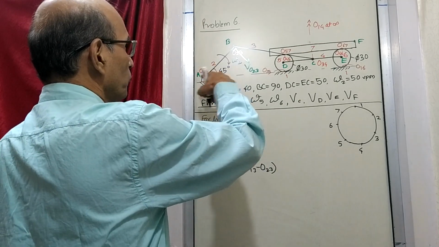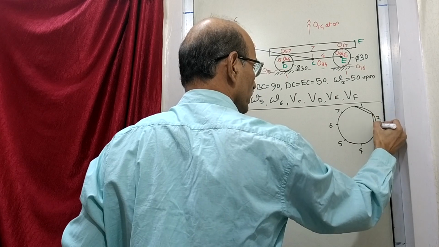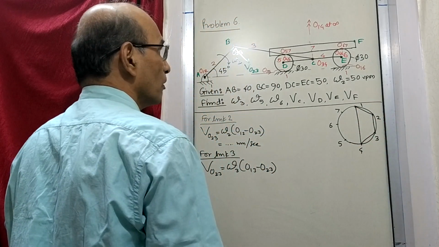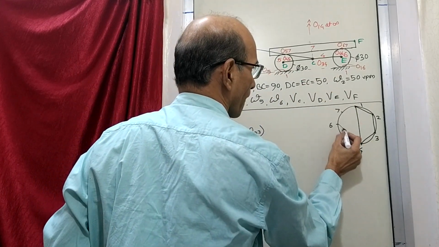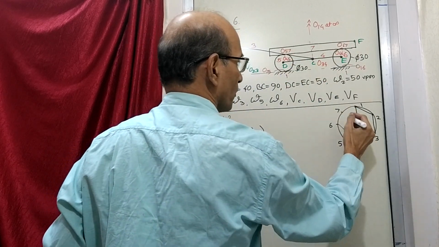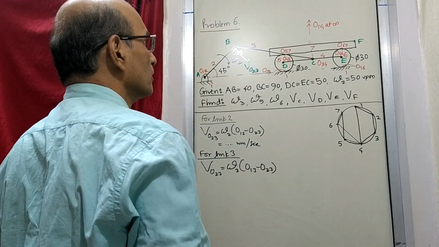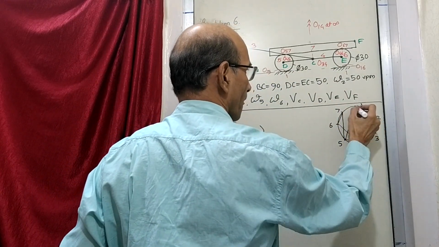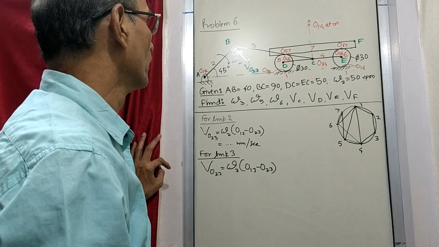And then we have to plot these points which are known. So O12, O23, O34, O14, O45 and O46, O57 and O67, O15 and O16. So these are the centers which are already known.